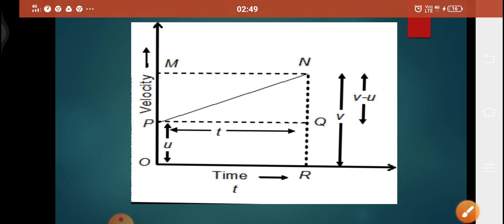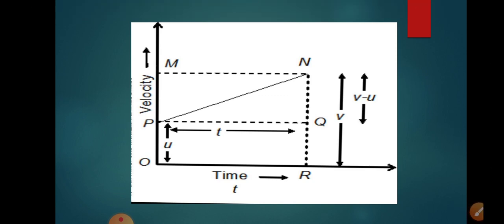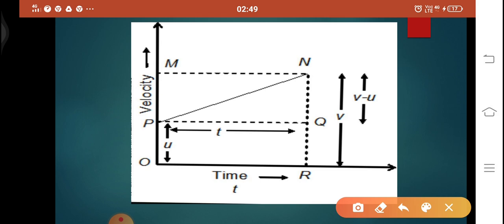We are also familiar with this graph. This is very familiar. And in this graph, the initial velocity is not zero. If it starts from here, the initial velocity will be zero. It has some initial velocity, and here we have time. So it is moving with some initial velocity with uniform acceleration because it is a straight line, and it reaches the final velocity v.